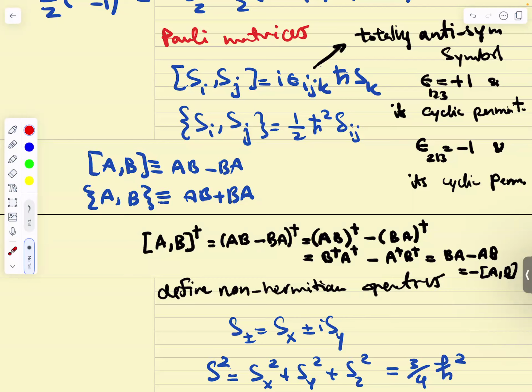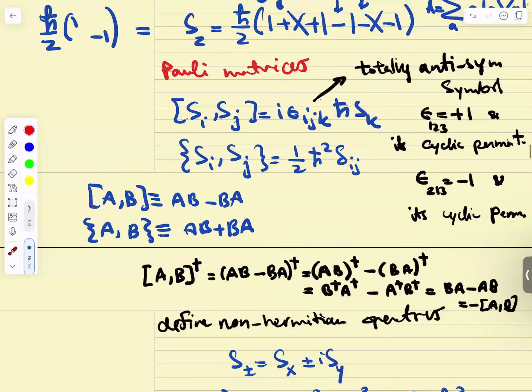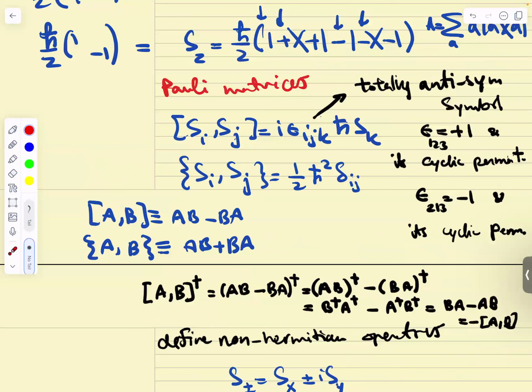All right. So these relations, I cannot stress them enough. These are the core. This is a very compact notation for the algebra that these matrices satisfy. The algebra is the set of these commutation relations. We usually don't worry about anti-commutation relations, but these matrices are so nice that the anti-commutation relations are also very neat.